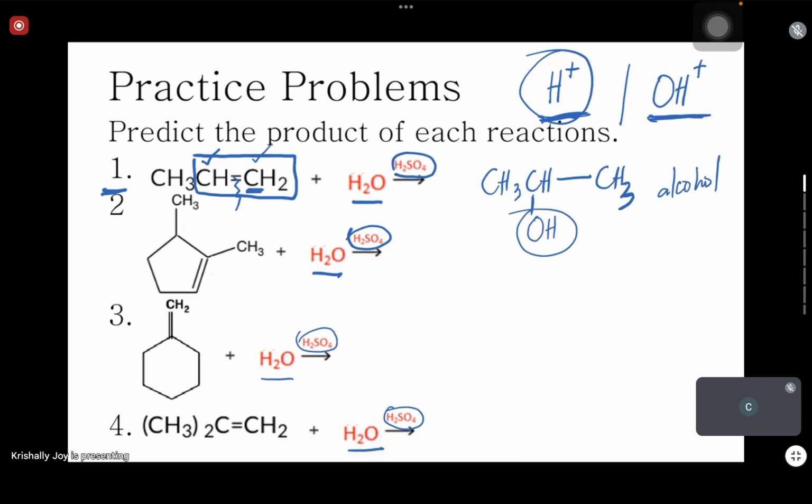Okay? Sige, let's have this one. Between these two carbon, ang greater number of hydrogen, obviously, ito, kasi meron siyang imaginary hydrogen in it. Yung kabila, yung nasa taas, wala na siyang available hydrogen. So, automatic, itong hydrogen na to, upon hydration, mapupunta sa bandang nasa baba na carbon.